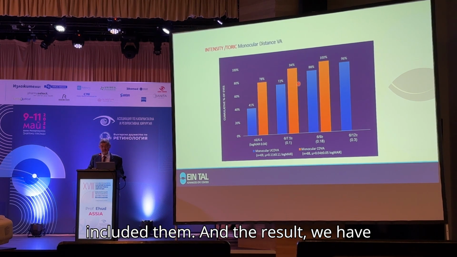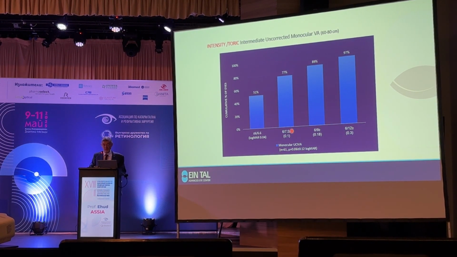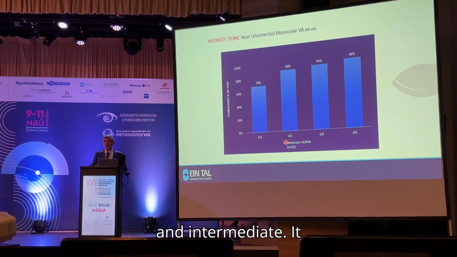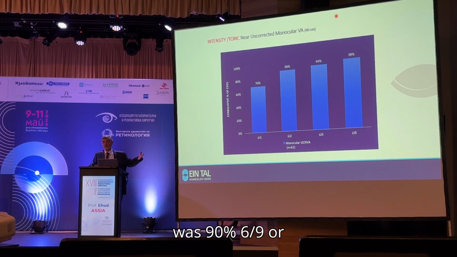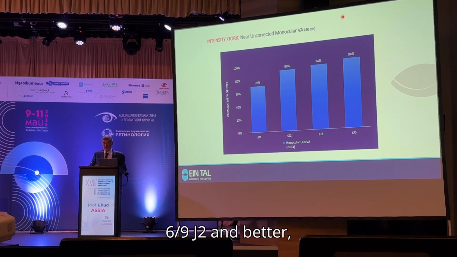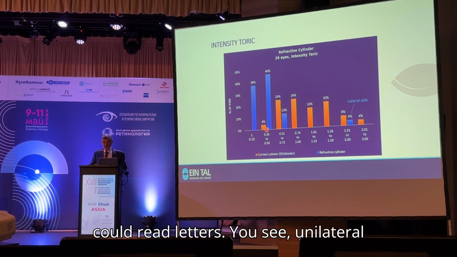We included them. As a result, in 90% the uncorrected distance vision was 6.9, and intermediate, it was 90% 6.9 or better, and near 95% or 90% J2 and better, meaning that they could drive, they could read letters.